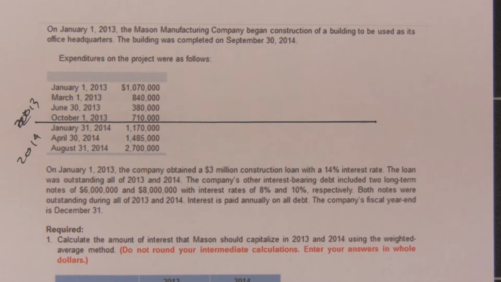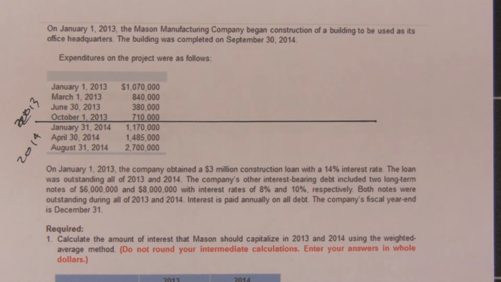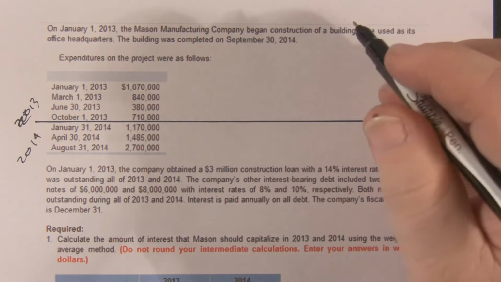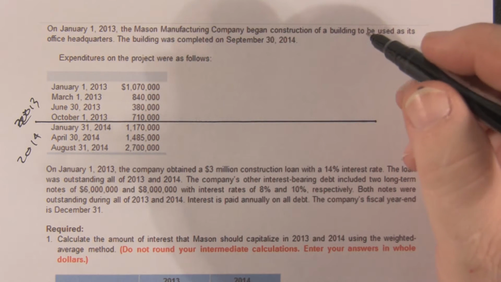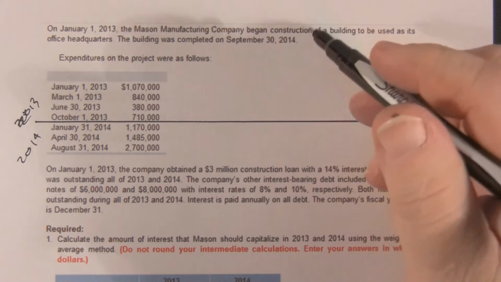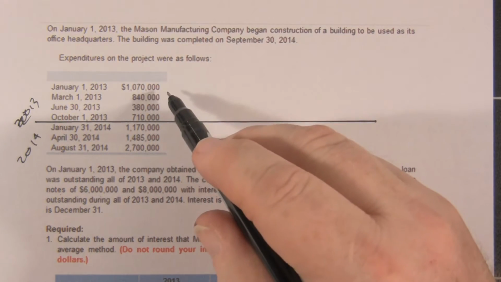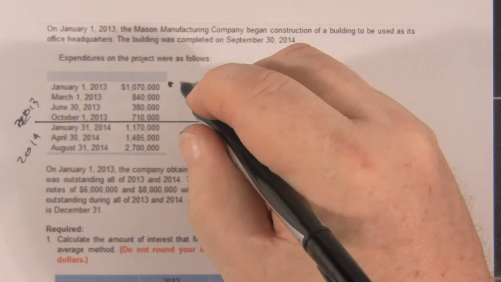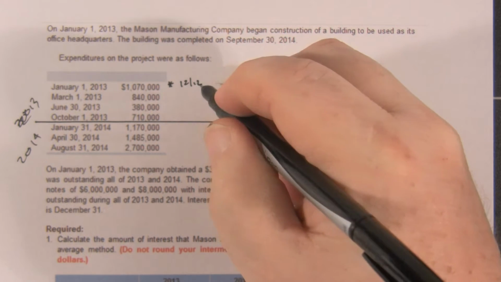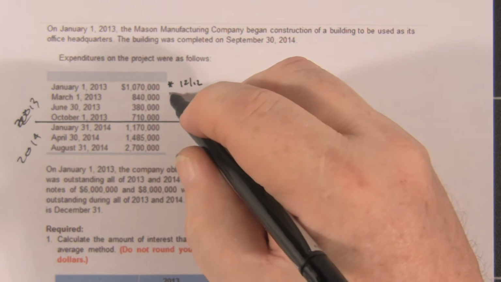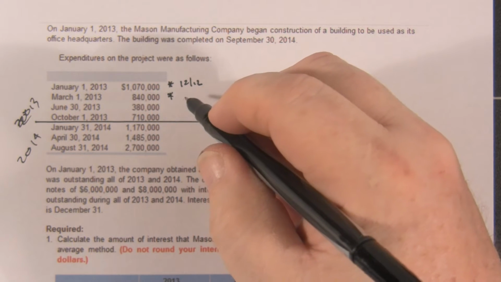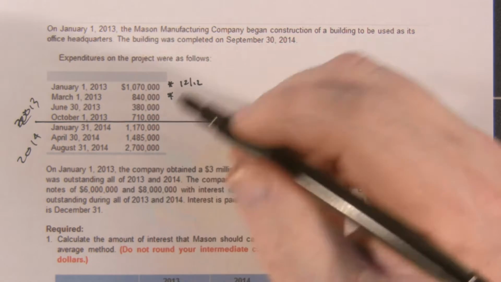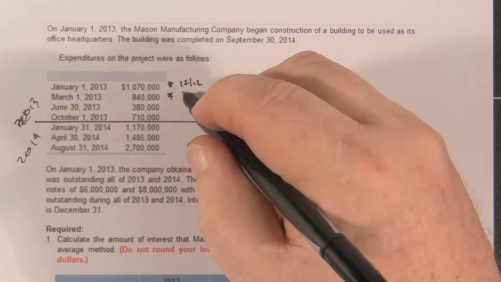Okay, let's figure out the expenditures and then figure out the weighted average of expenditures. So all together here, we've had this for the whole year, so we multiply that by 12/12. We've had this for 10 months, since we had it from March on, so that's 10/12.